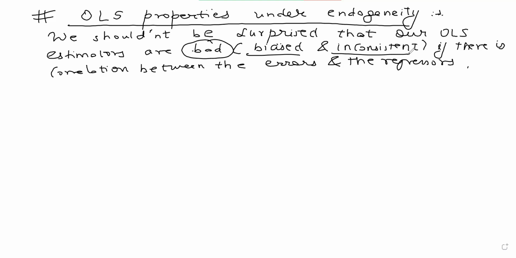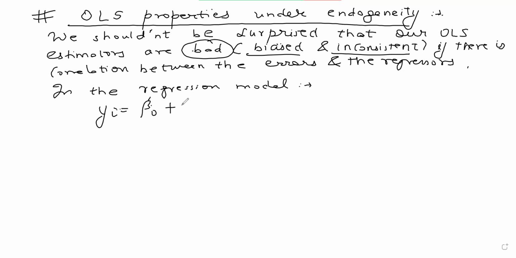Okay, so if you look at the regression model, yi equals beta naught plus beta 1 xi1 plus beta 2 xi2 plus dot dot dot beta k xik. It's a k variable regression model in general.